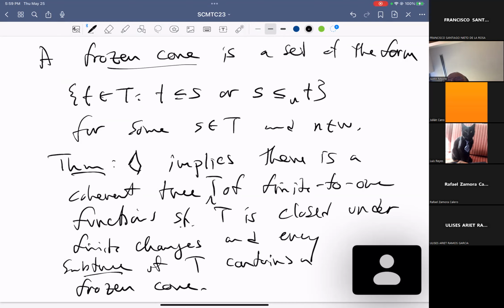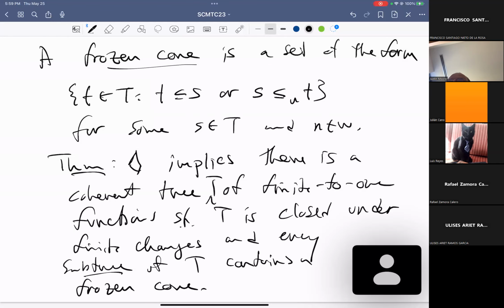And the insight is really that if you are building a tree of finite to one functions using this, what that argument adapts to give you is exactly this: a coherent tree of finite to one functions, which you can arrange as moreover closed under making finite changes, and has the property that any subtree of your tree contains one of these particularly nice subtrees, one of these frozen cones.